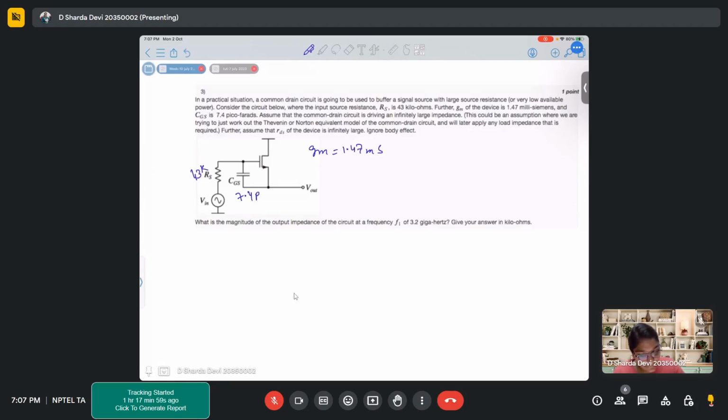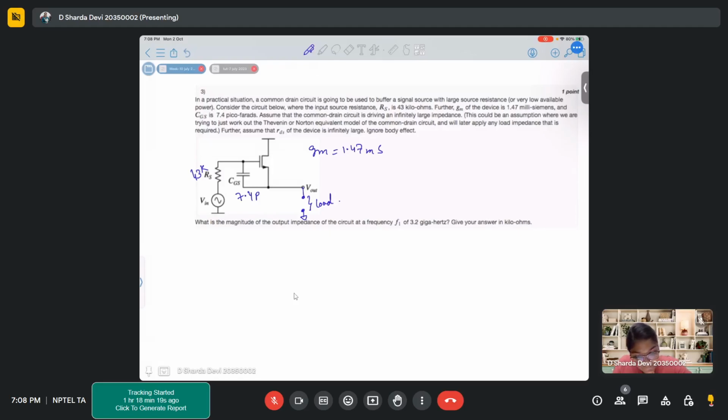It is driving an infinitely large impedance. So this is the load. This could be an assumption where we are trying to just work out the Thevenin-Norton model.